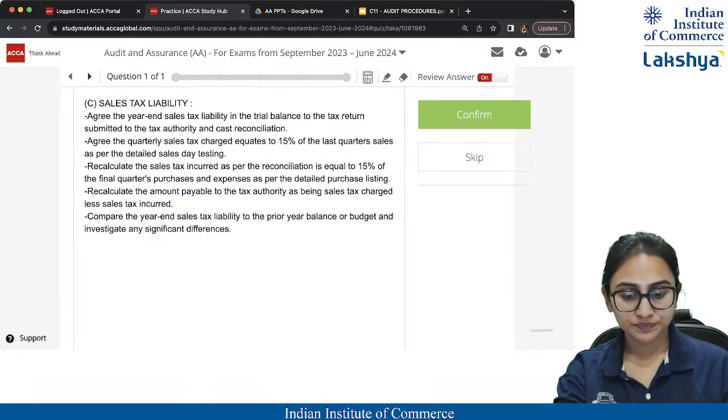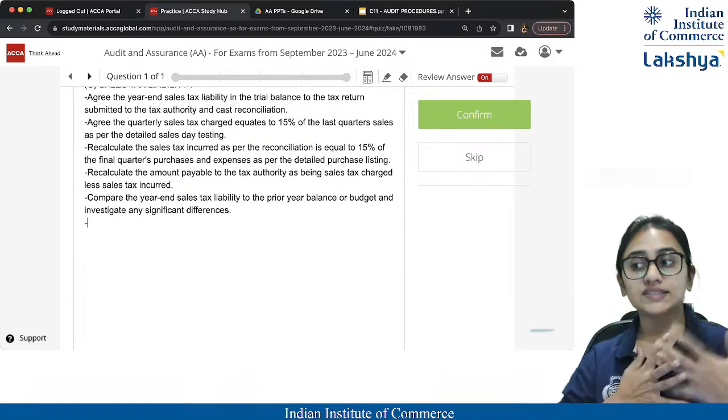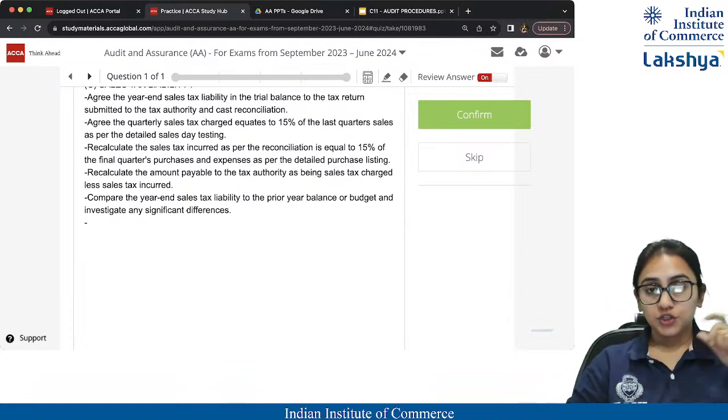And one more. As an auditor, what you can do is, instead of asking everything to the management, you can take one external confirmation also.